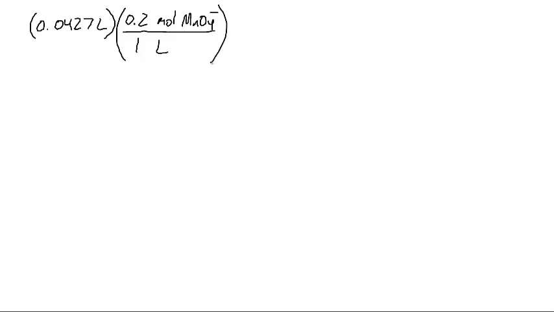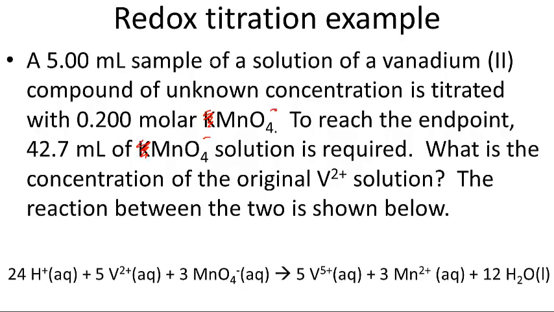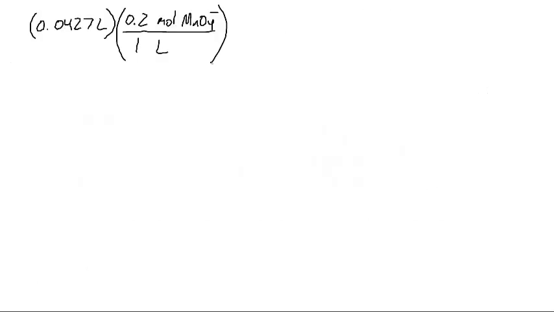That gives me moles of MnO4 minus. Then I'm going to use my balanced chemical equation. I see that for every 3 MnO4 minus, there are 5 V2 plus. So 5 moles of V2 plus for every 3 moles of MnO4 minus.